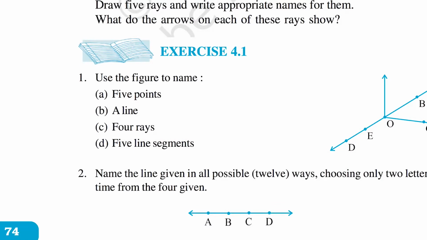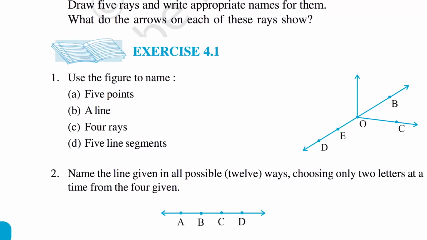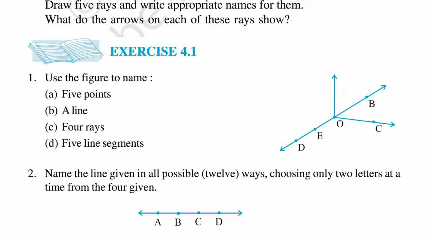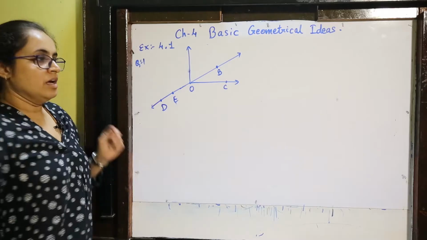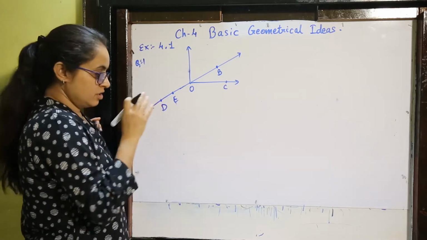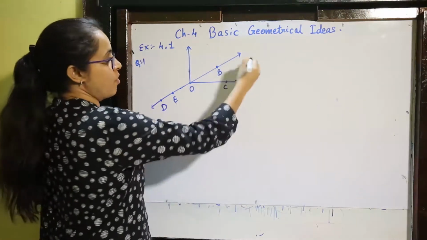Now if you look at exercise 4.1, first question, use the figure to name. Okay, now I will draw a figure in front of you. Same figure I am drawing. You also need to draw this figure. Now you have to name 5 points.